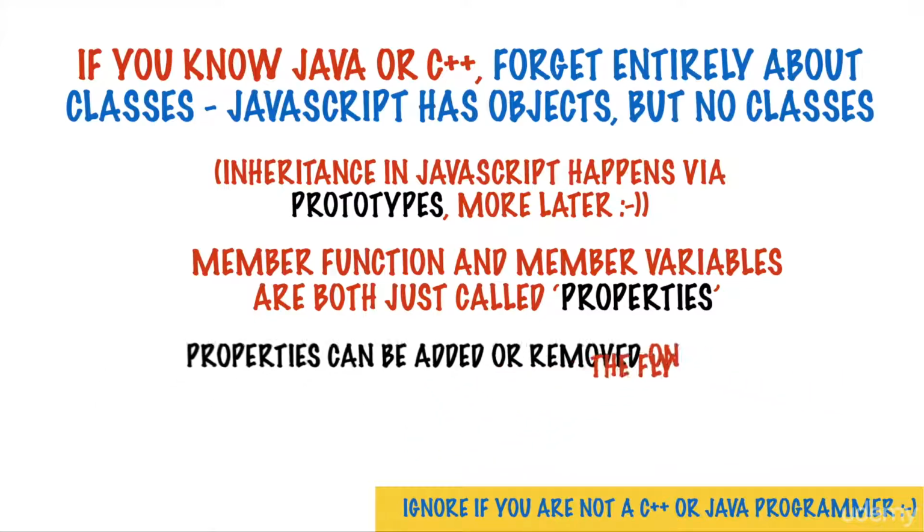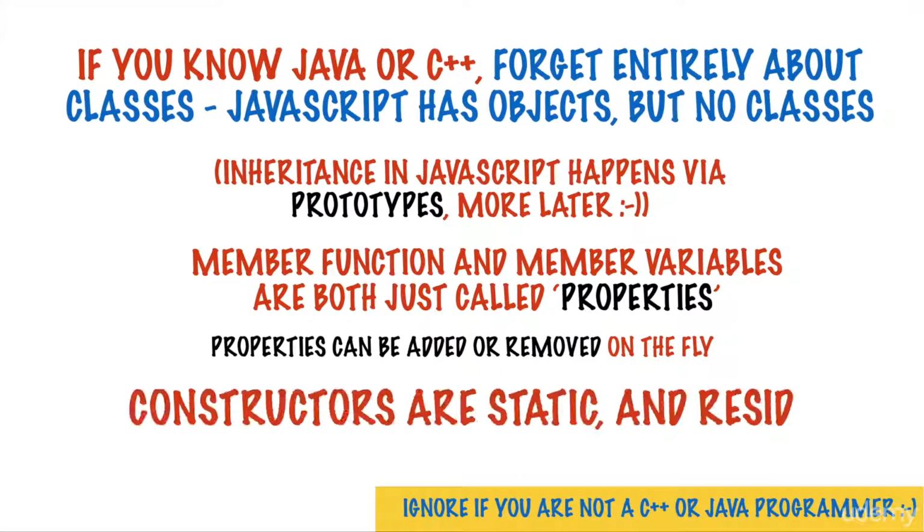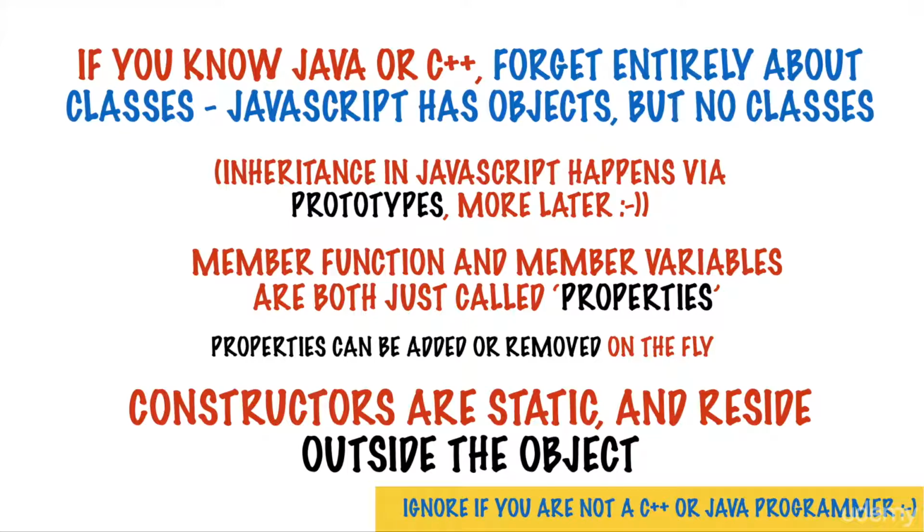And lastly, constructors for an object are static and they reside outside the object. There is no concept of an object definition or a template of a class or a class definition. There is just a static constructor which sits outside of the object. So as you can see, there are a whole bunch of reasons why a JavaScript object is very different from a Java or a C++ object.